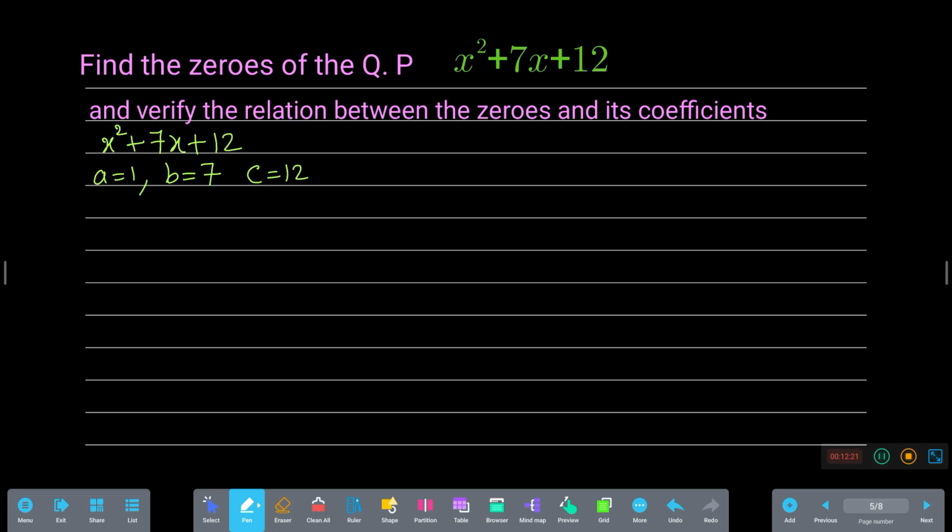First we have to find a into c. A into c is 1 into 12, which is 12 only. Now b is 7. We have to split 7 into 2 parts whose product is 12.